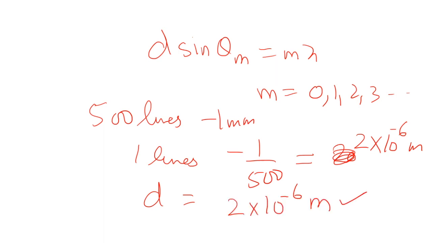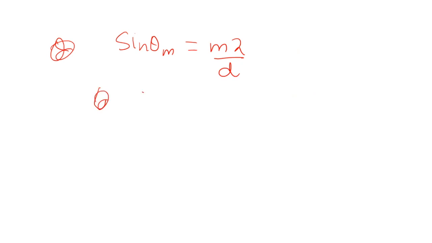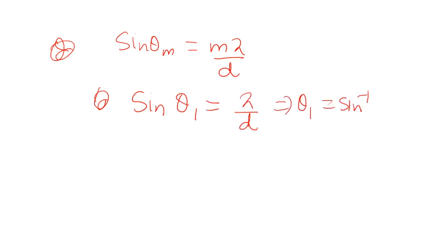Now we have our d with us. If we use d sin theta = m lambda, then sin theta m is m lambda by d. So for first order maxima, sin theta 1 is lambda by d, and theta 1 is sine inverse of lambda by d.